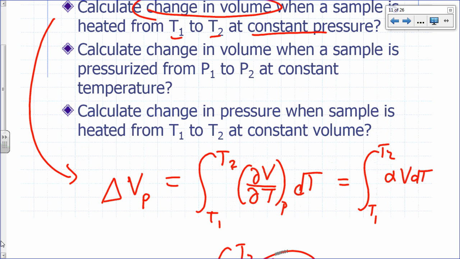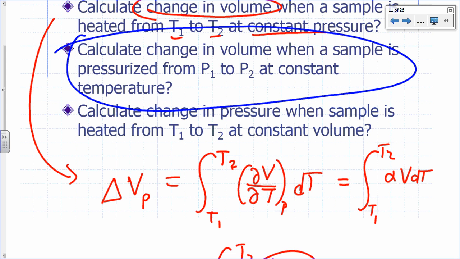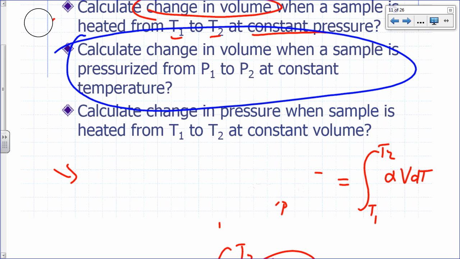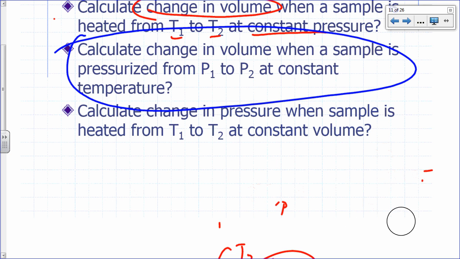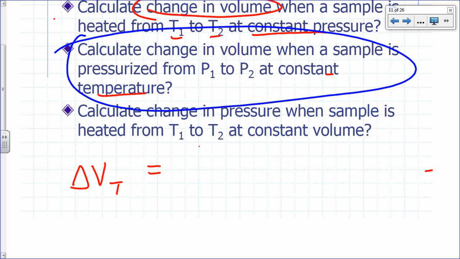What about this next one right here? How would you set up the solution to this question? Calculate the change in volume when a sample is pressurized from P1 to P2 at constant temperature. What would we do this time? Delta V, what are we holding constant? Temperature. And what are we changing?